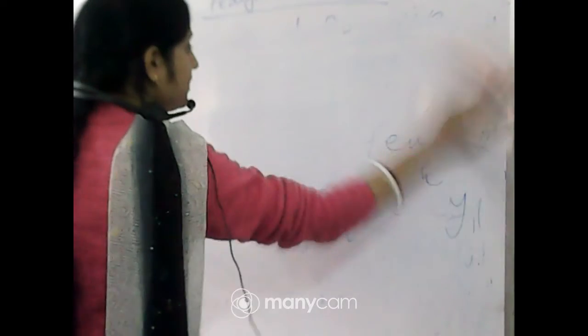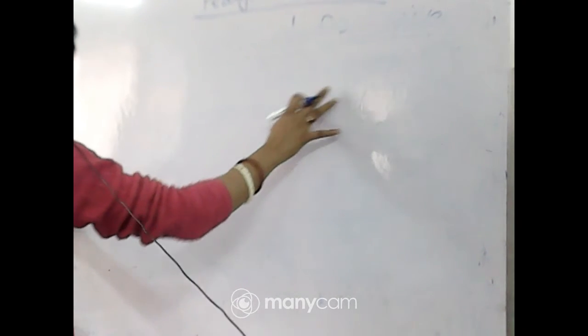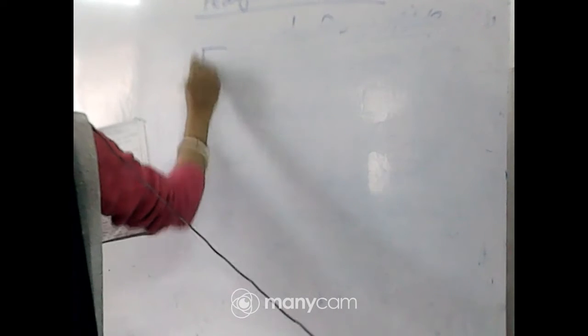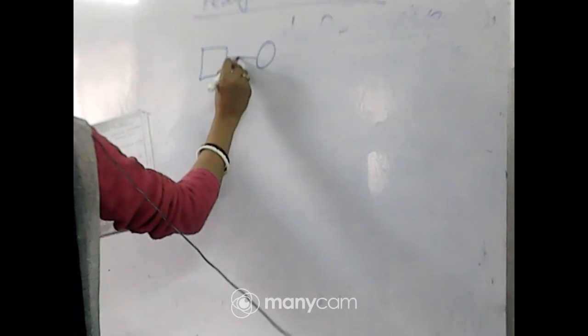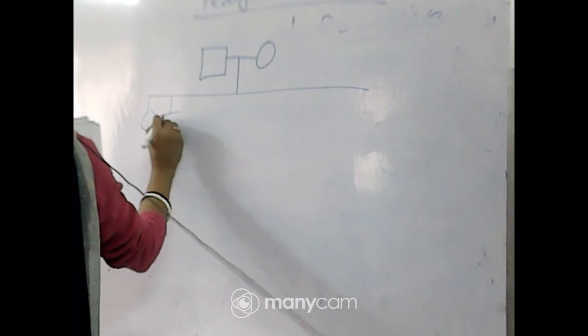If I give you one example of the autosomal recessive, you can see that there is this type of structure, male, female, one generation skip, so female, male.